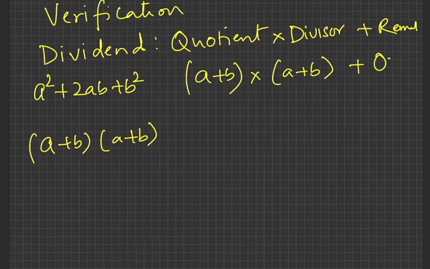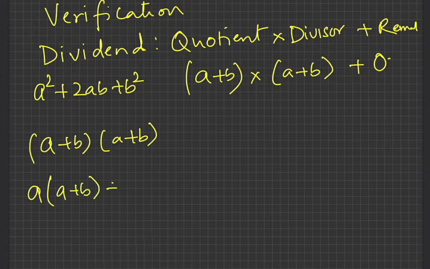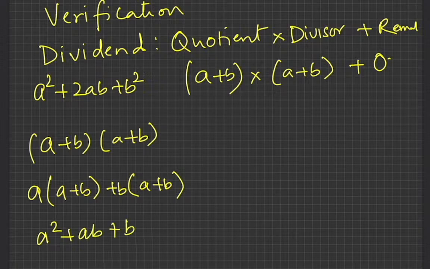So this a plus b times a plus b should give me a times a plus b plus b times a plus b. Now a times a is a squared, plus a times b is ab, plus b times a is ba or ab, plus b times b is b squared. So I have these two like terms.